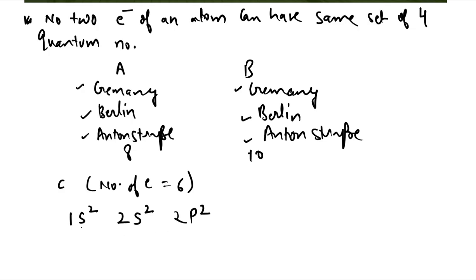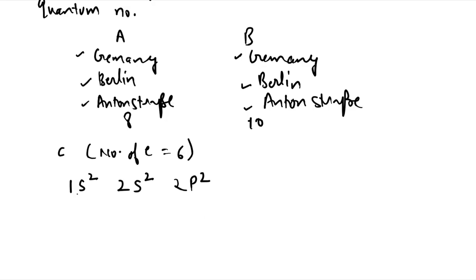If you can recall, these are the energy levels we studied in the Aufbau principle, and as per the Aufbau principle we fill the electrons in increasing order of energy. So 1s has the lowest energy, that is why the first 2 electrons are filled here, the next 2 in the 2s and the next 2 in the 2p orbital, right? We can also represent it like this.